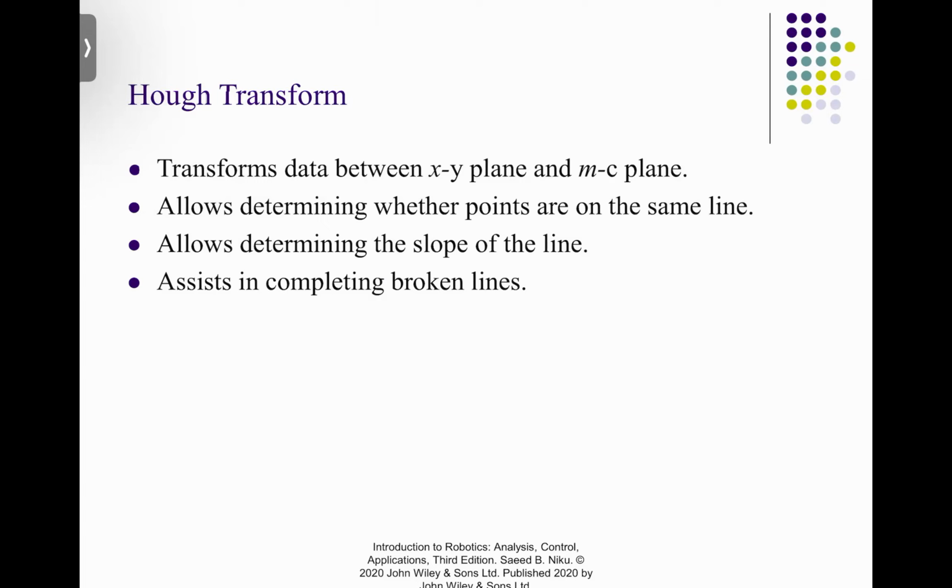Once we do this conversion, we know that if pixels are on the same line, then the values of m and c for those pixels are always going to be the same. So the logic is very simple.